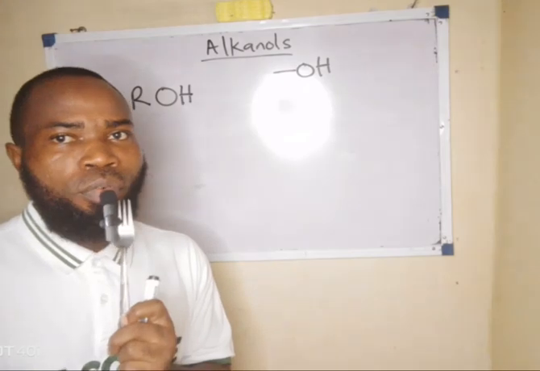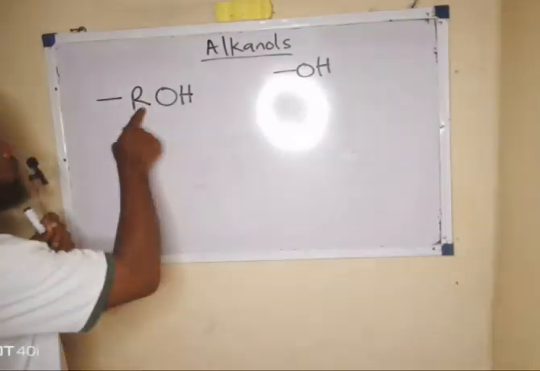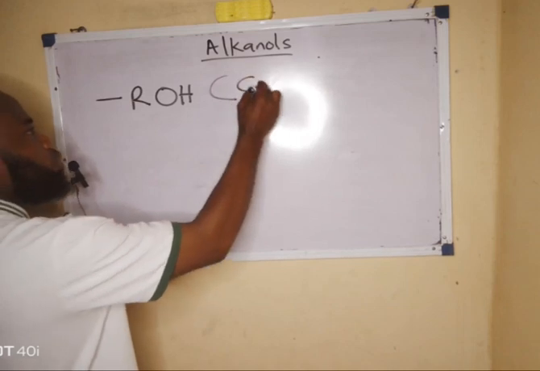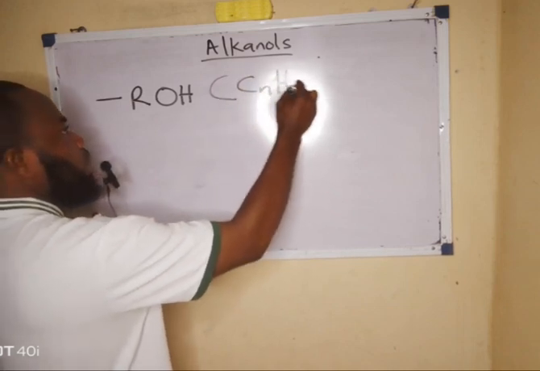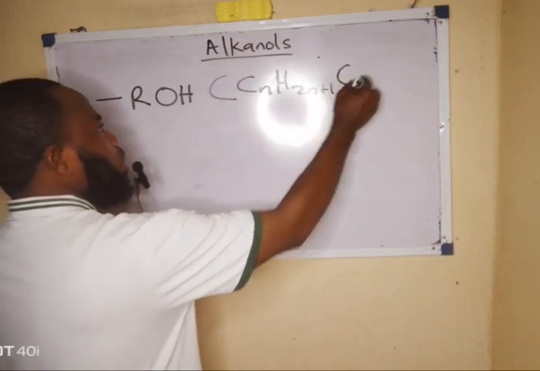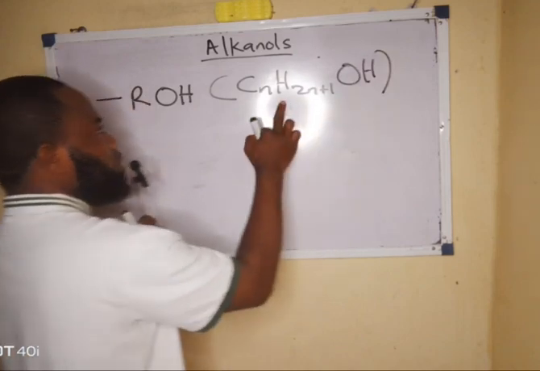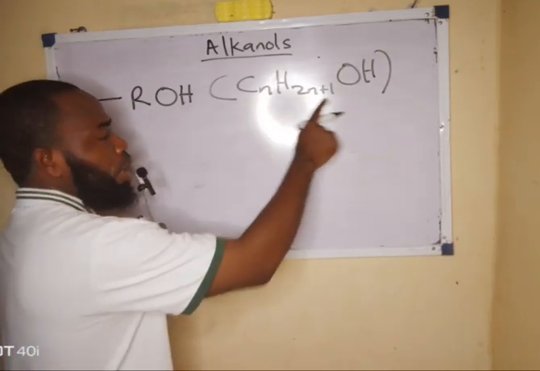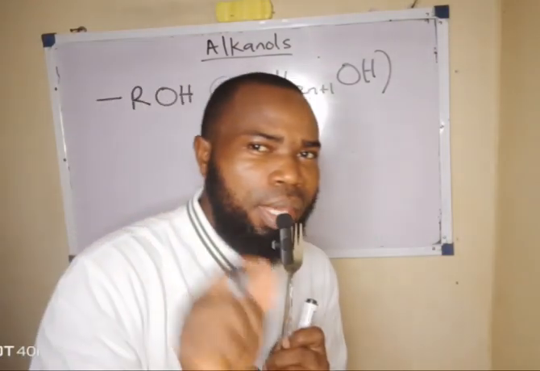When we say R there, of course, we should know that R stands for alkyl. So I can basically represent alkanols as CnH2n+1 OH. These are the same because this is the general formula of alkyl, which is gotten from alkane, so to say.